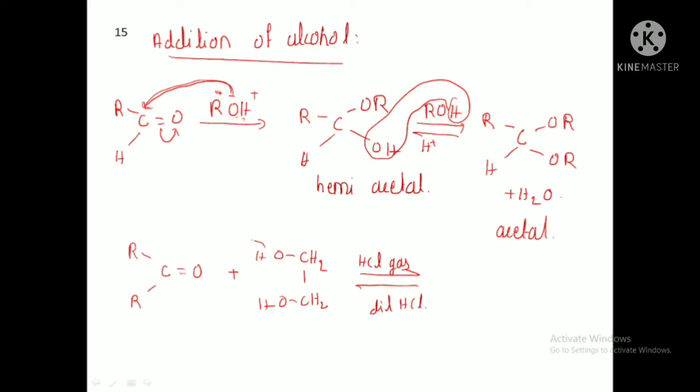It will form a cyclic compound, R, O, CH2, CH2, O like this, plus water, H2O. This is how aldehydes or ketones react with alcohol. They form hemiacetals and acetals.